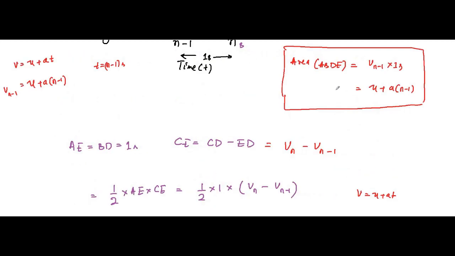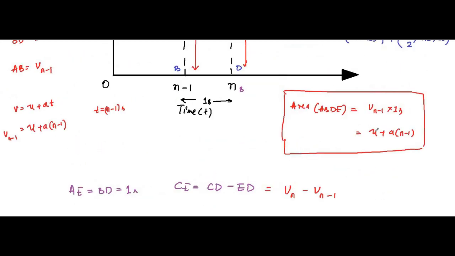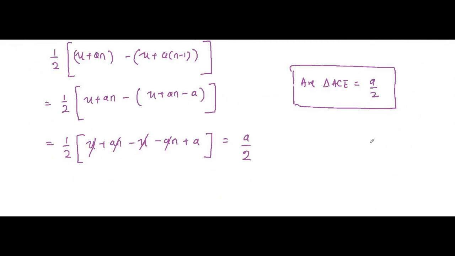Previously we got the area of the rectangle ABDE as U plus A into n minus 1. So the final thing, Snth, is equal to the area of rectangle ABDE plus the area of triangle ACE, which is U plus A into n minus 1 plus A by 2.